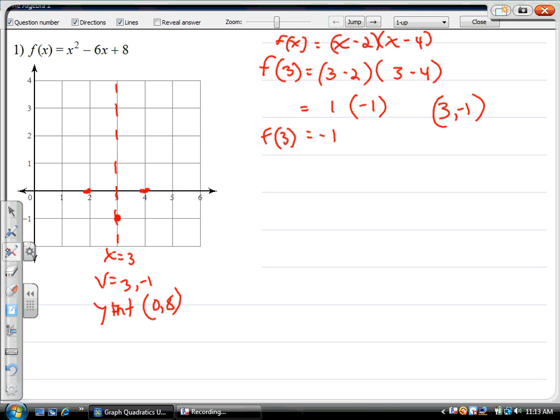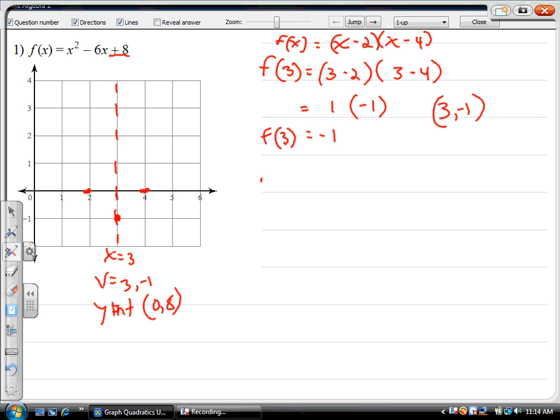Again, in standard form, it should be very easy to find. There's going to be our y-intercept. Now, what I'm going to do is plug in 5, because we're going to go one more unit to the right of 4 and see where that point would lie.